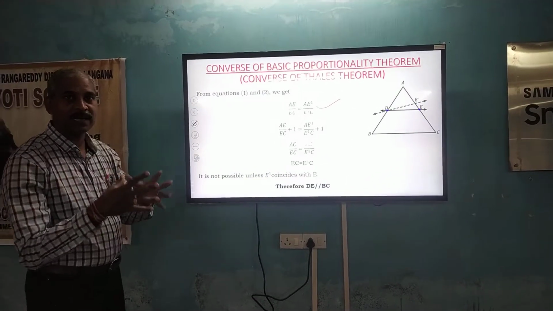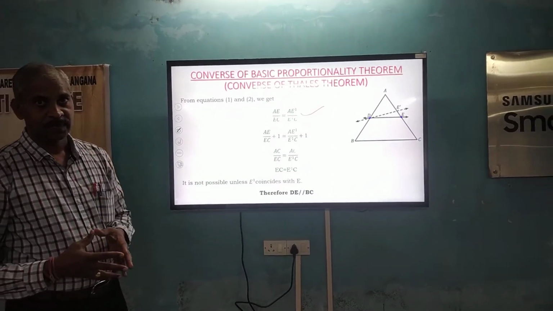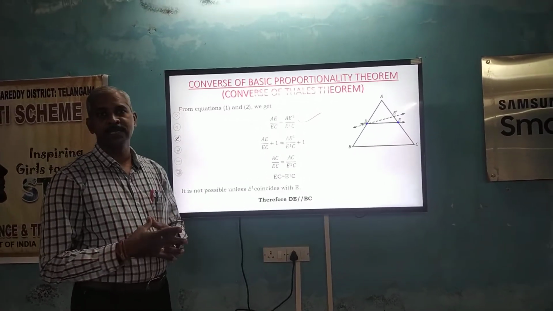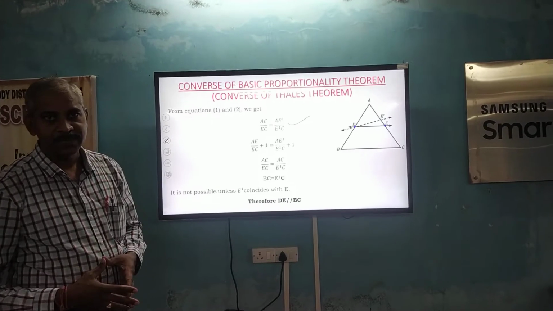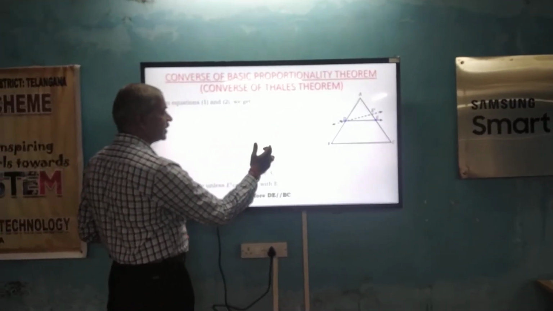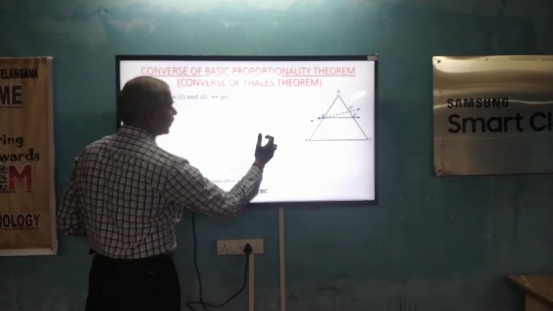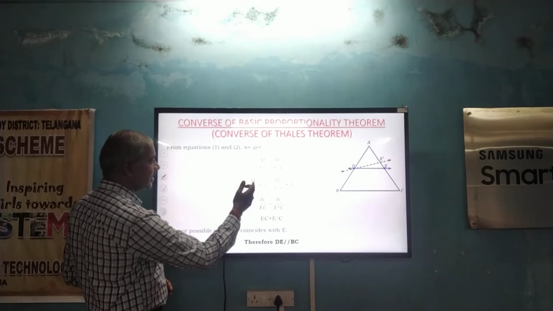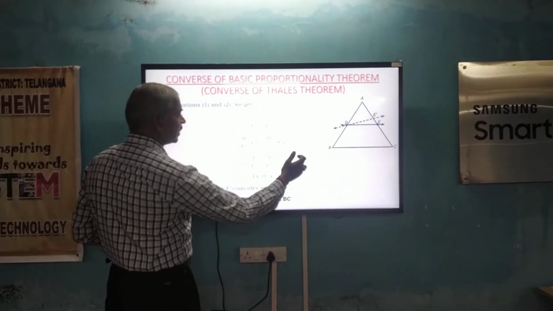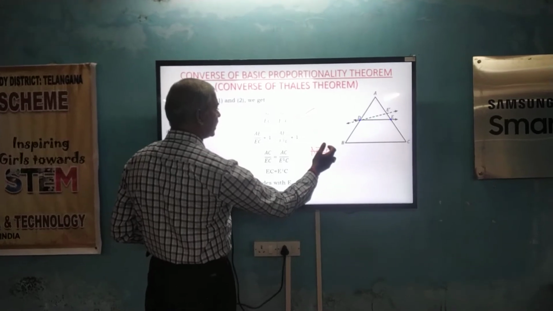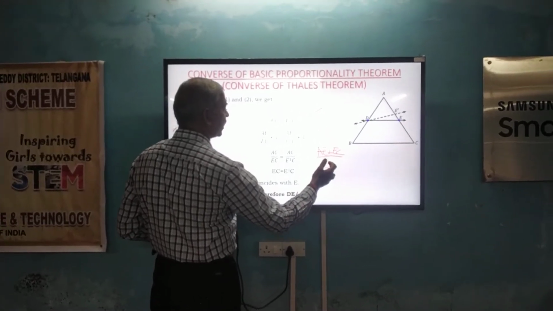Let us add 1 on both sides. We know that if equals are added to equals, the wholes are equal. So AE by EC plus 1 is equal to AE dash by E dash C plus 1. If you simplify, AE by EC plus 1 can be written as AE plus EC by EC.